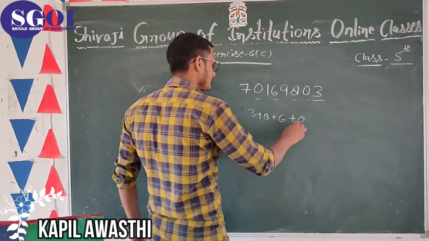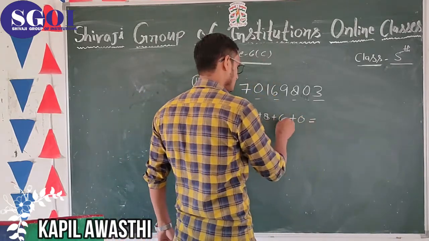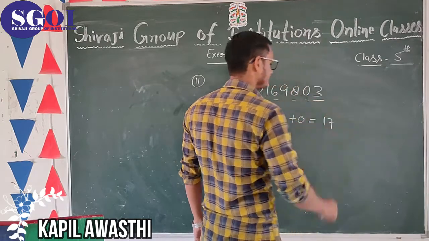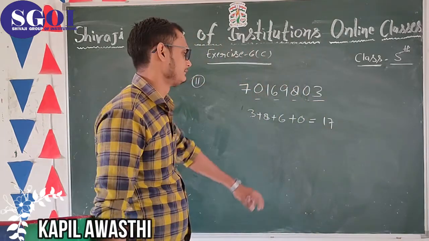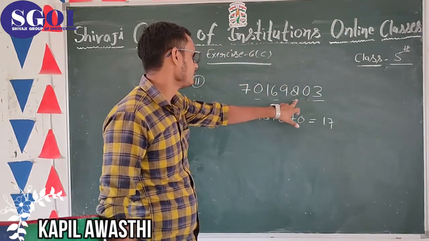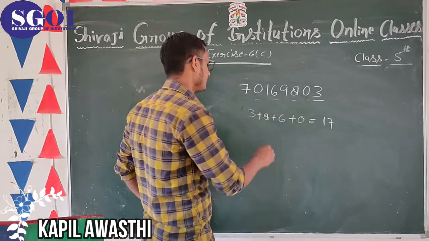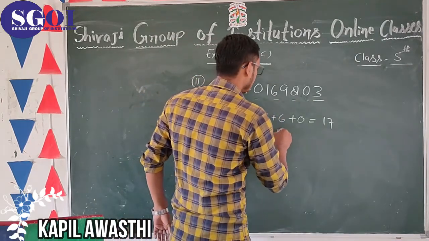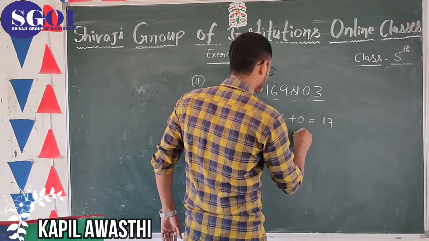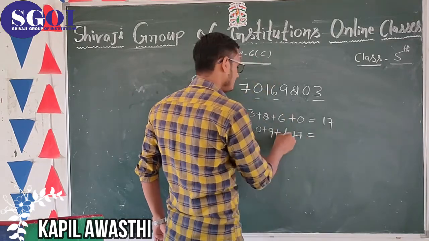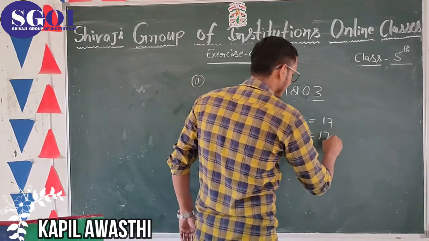The sum of the even place digits: 0 plus 9 plus 1 plus 7. 9, 10, 17.